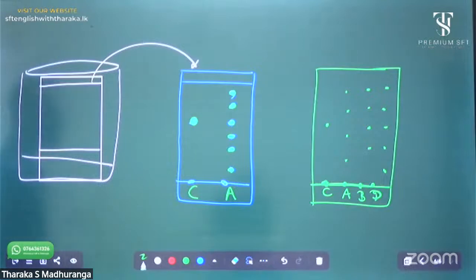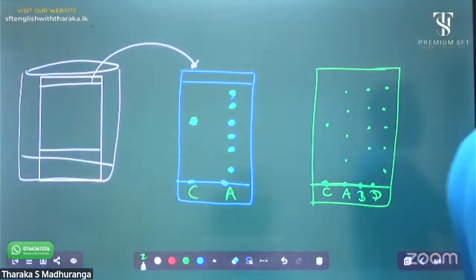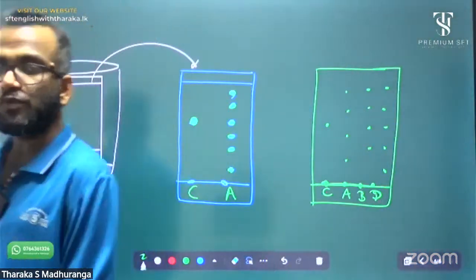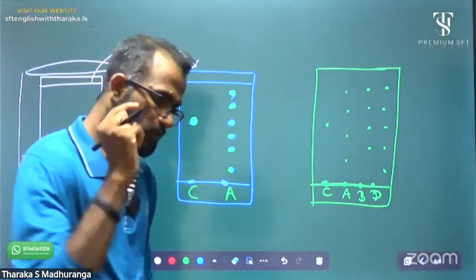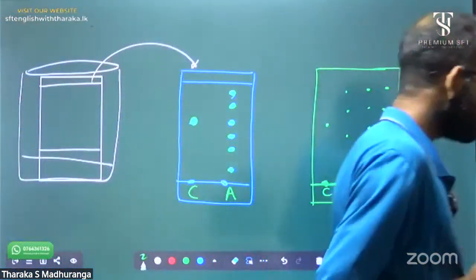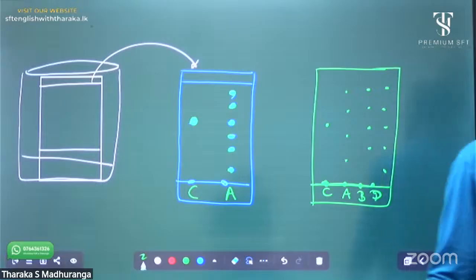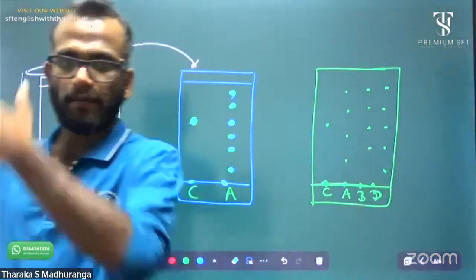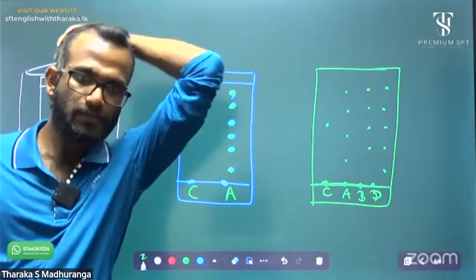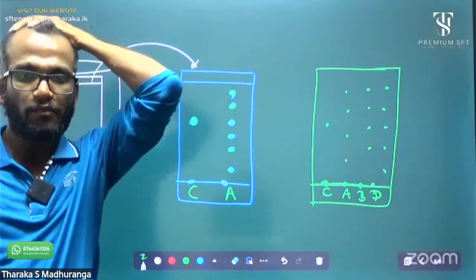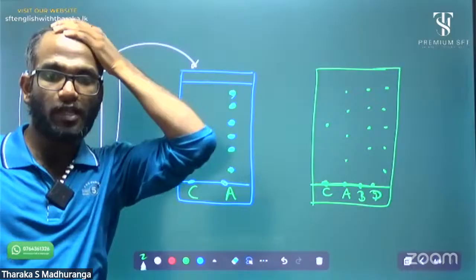Static phase means it's not traveling, but it helps to travel compounds. Static phase. What is the static phase of the thin layer chromatography, TLC?